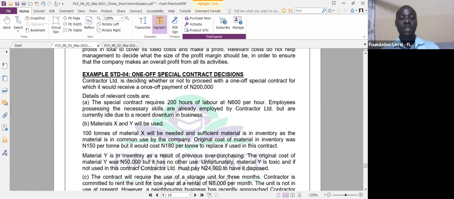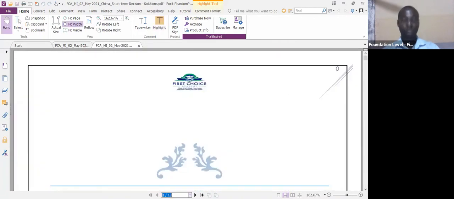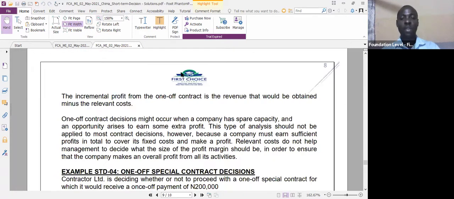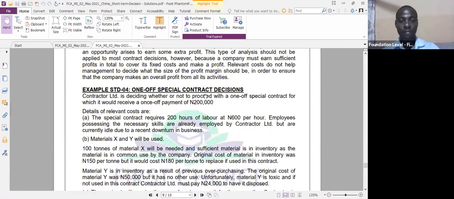Okay, let's be taking each step that we take, let's be analyzing them at the same time. Let me get to the solution so that we'll be analyzing at the same time. As we look at each statement, let's look at the way it's been handled here.